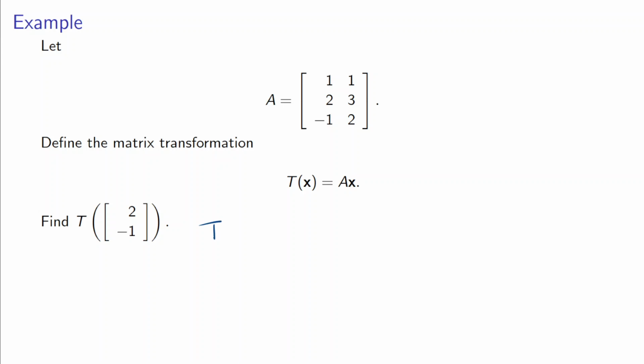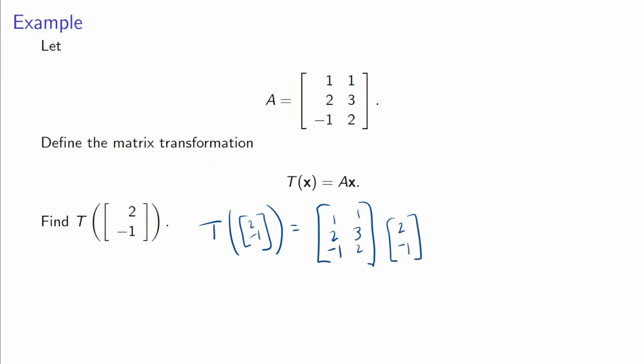And so T of 2, negative 1 is defined as A times 2, negative 1. If we recall how this works, we're essentially taking a linear combination of the columns of the matrix A using the weights from the input vector, this 2, negative 1.